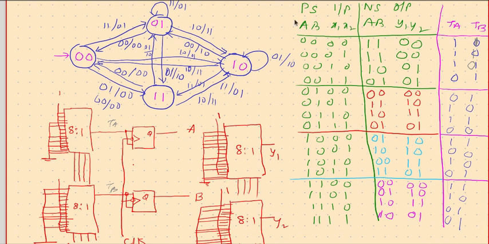That makes 6-bit coding required. So 2 to the power 6 means you need to work with 64 rows, and for every row, creating a state diagram is difficult.